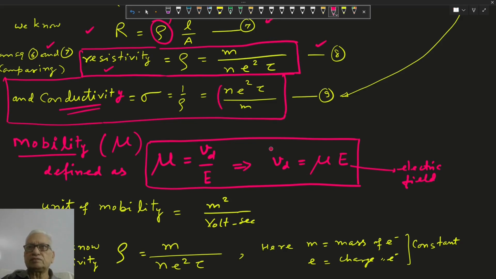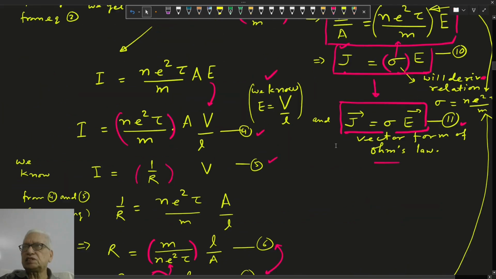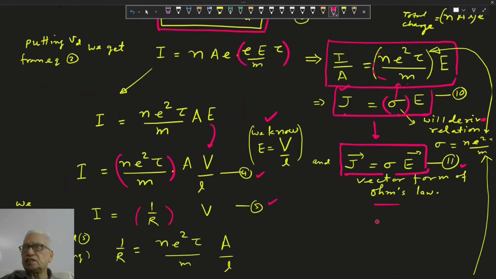This is the expression of conductivity, given by equation 9. So we have derived equations 10 and 11, with all the relations derived.